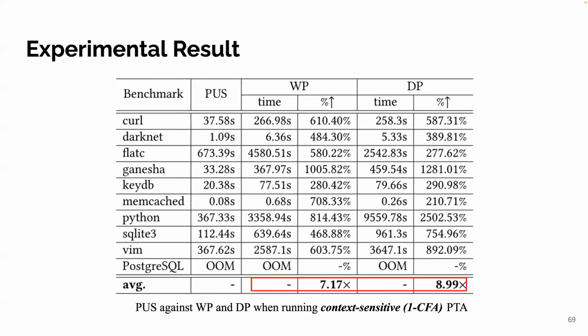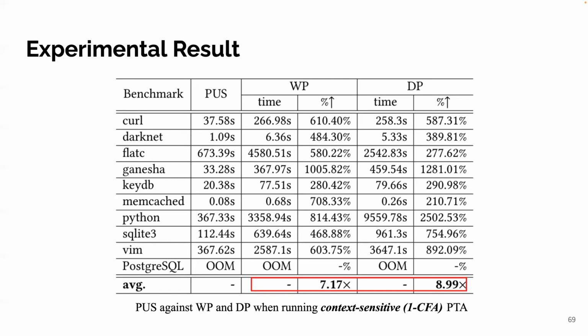On the other hand, when applying the partial update solver to solve context-sensitive points-to analysis, it yields even more promising results because PUS is more than 7 times faster than wave propagation and almost 9 times faster than deep propagation on average.